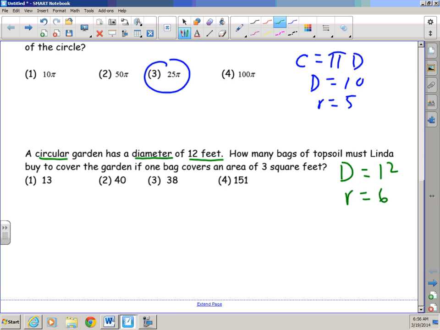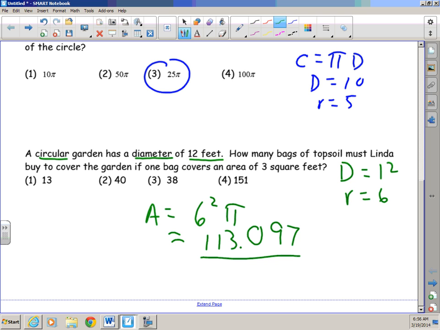That means the area of this circular garden is 6 squared times pi, which is approximately 113.097. If each bag contains 3 square feet and you do that division, you get 37.7, which means you need 38 bags.